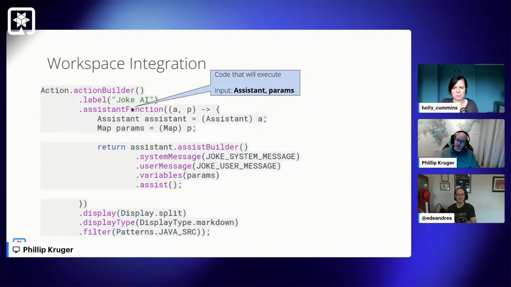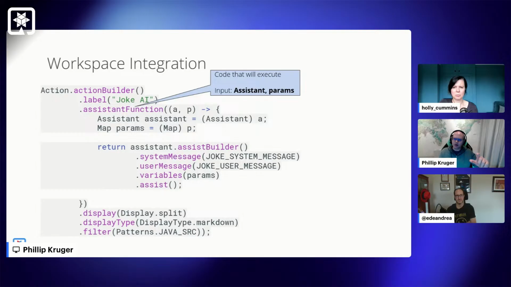And the difference is it's a by function, so you get the assistant and the normal parameters that you would have got.